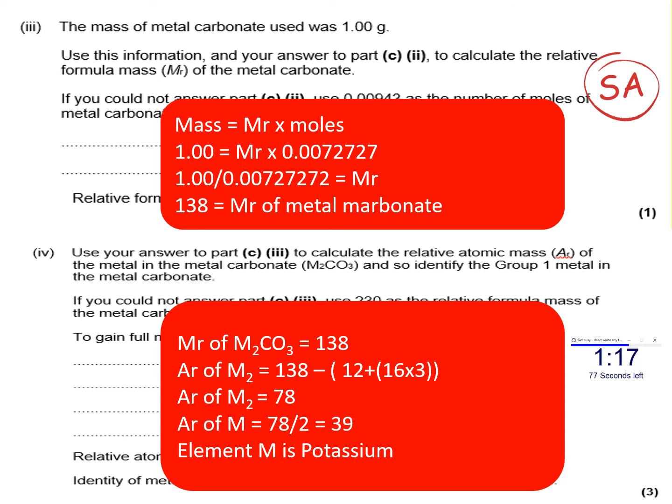And hopefully you will see that even though the questions sound complicated and do involve a lot of staged processes, it's still always working on those same principles of mass equals Mr times moles, and that molar ratios in balanced equations do not change.